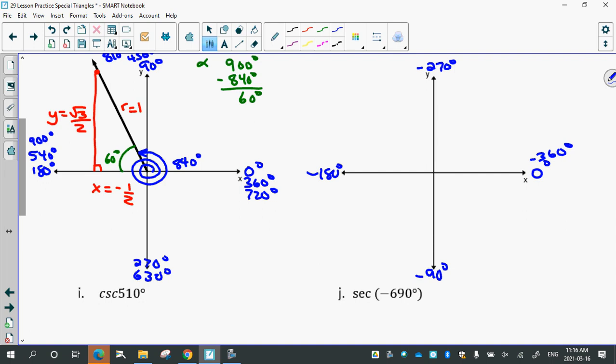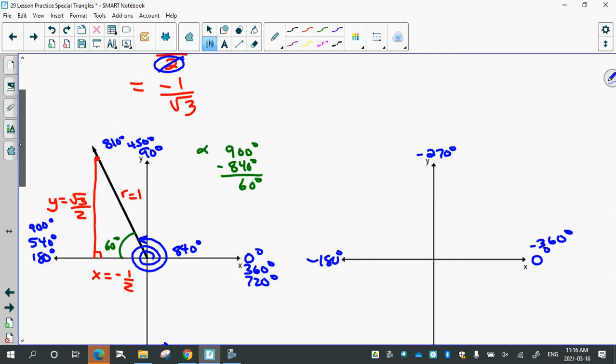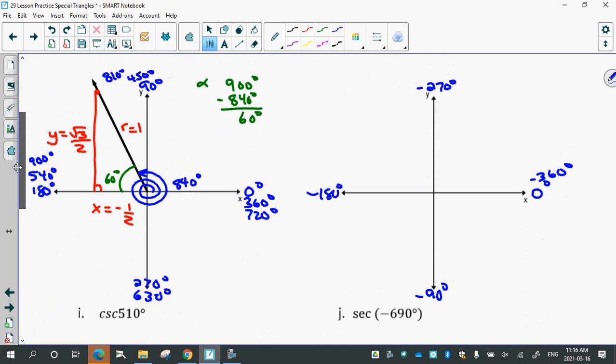So negative, is it 225? Yep. So in the second quadrant, halfway, up.